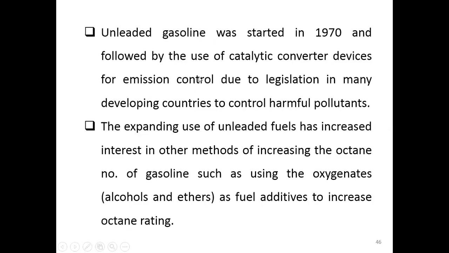This emission has to be controlled because many countries came out with laws in order to control the harmful pollutants in the environment. Okay, so unleaded gasoline started to be used from 1970 because of this, right.